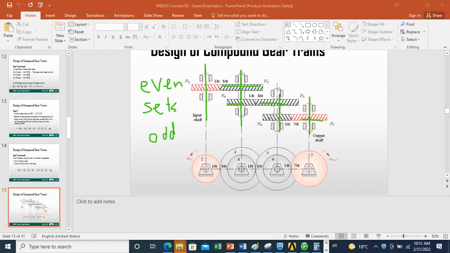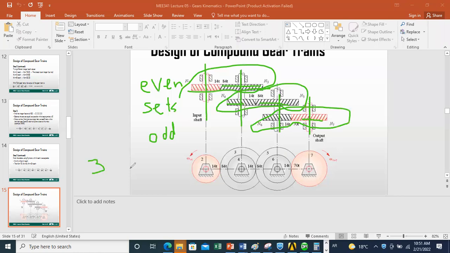So you can check here, I have 3 sets, set 1, set 2, and set 3. Since I have 3 sets here, I expect that the angular velocity of the output is opposite to the angular velocity of the input. So omega in is opposite to omega out. And you can verify this from your calculation, because the gear ratio will be negative.